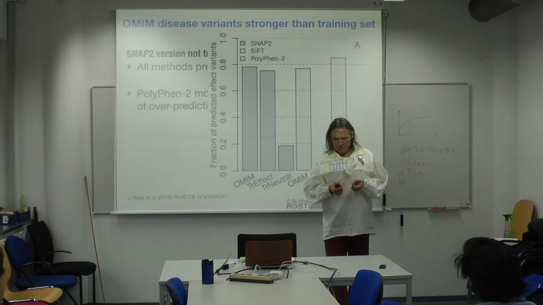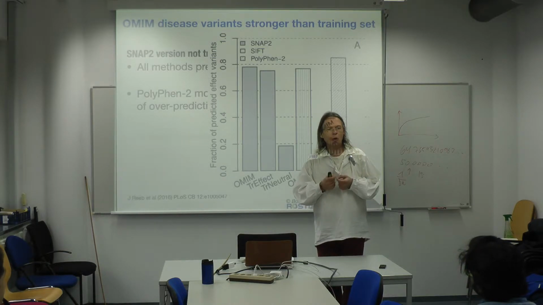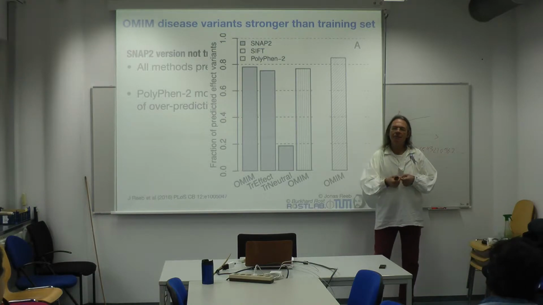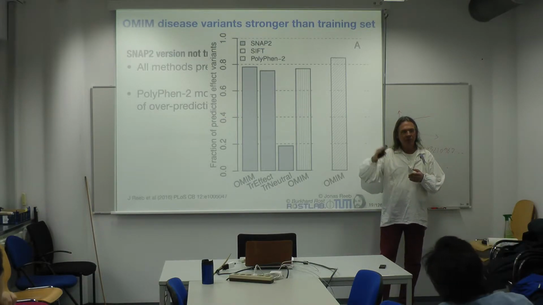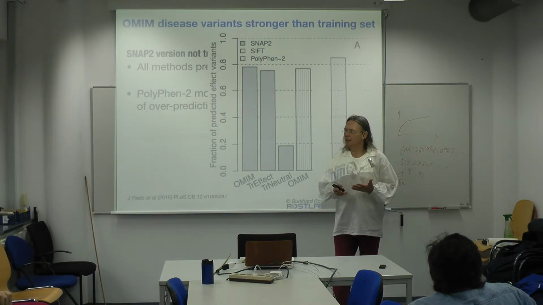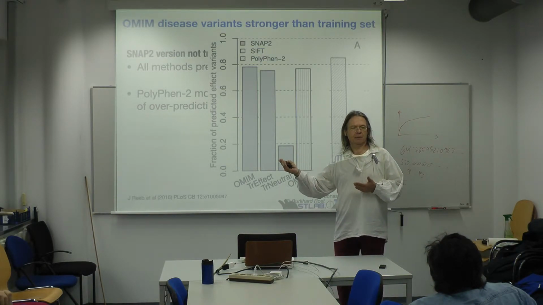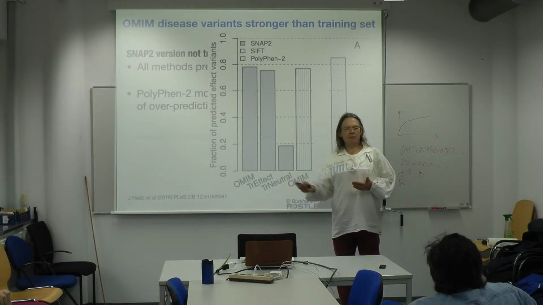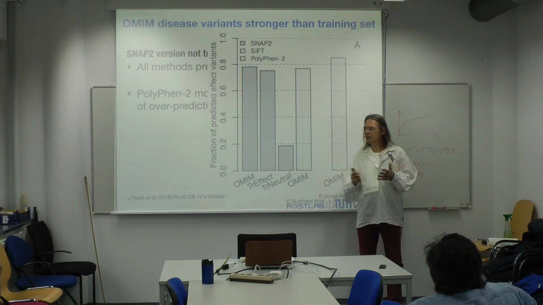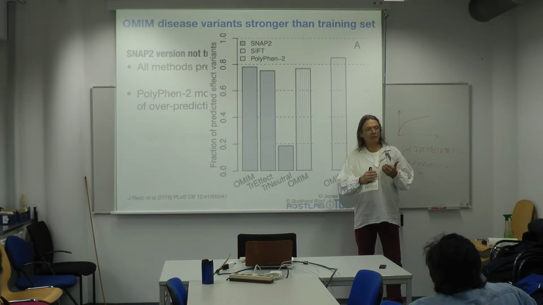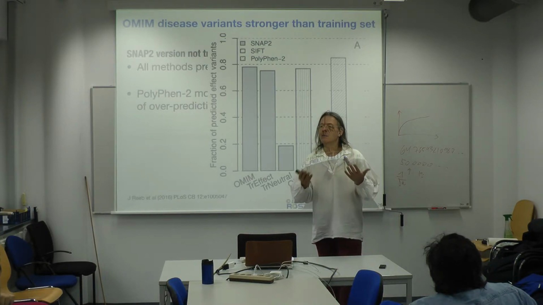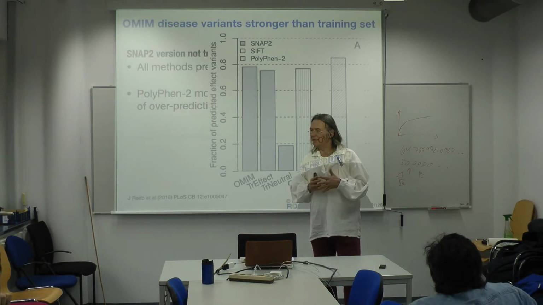The result at the end of the day is that when I look at OMIM variants and predict them, the prediction strength, in terms of the reliability index, for instance, is higher than the one I had for my training set. So for the first time in machine learning, we had a data set of thousands where my training performance was bested, or I did better than my cross-validation.